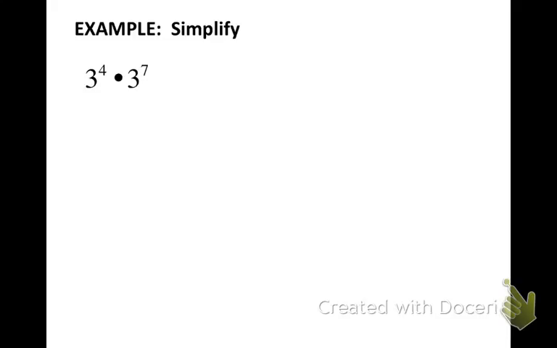3 to the 4th times 3 to the 7th. What are we going to do? Add them to get 3 to the 11th. Good. Simplify, done. I'm just going to be simplifying all of these. Next one. 5 to the 3rd times 5.